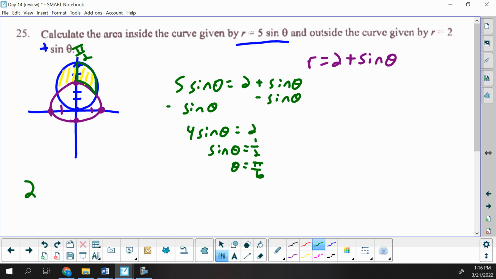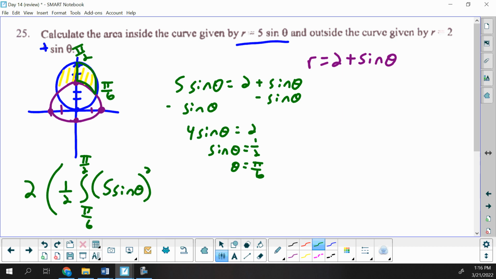So we're going to have 2 times the blue one from pi over 6 to pi over 2. So our area for that will have 1/2 integral from pi over 6 to pi over 2 of our 5 sine theta squared d theta. And then we want to subtract off our portion for the purple one.